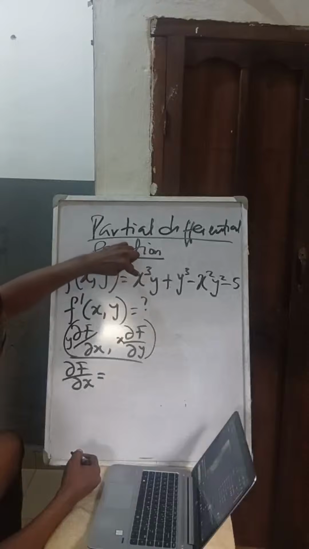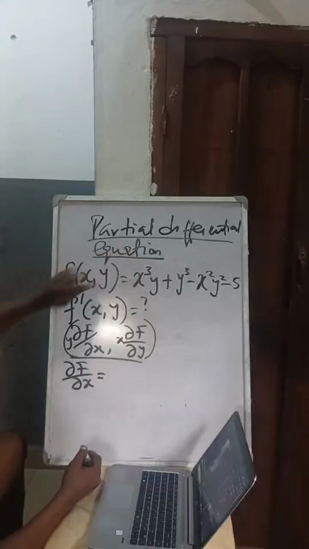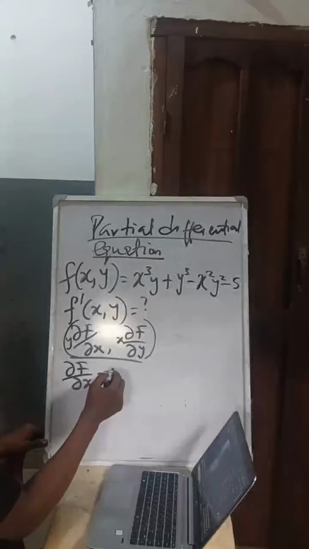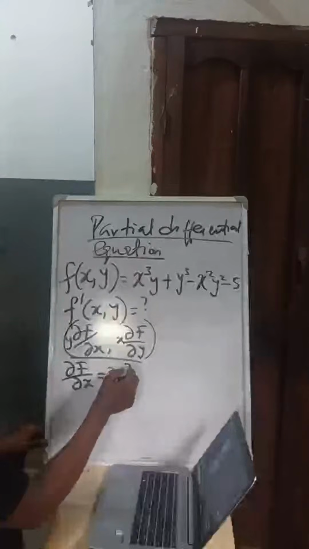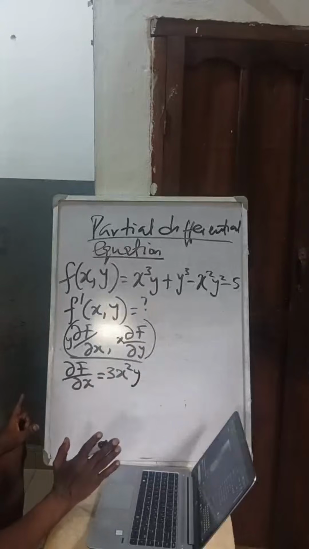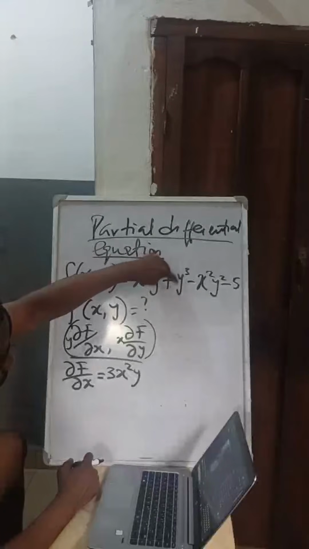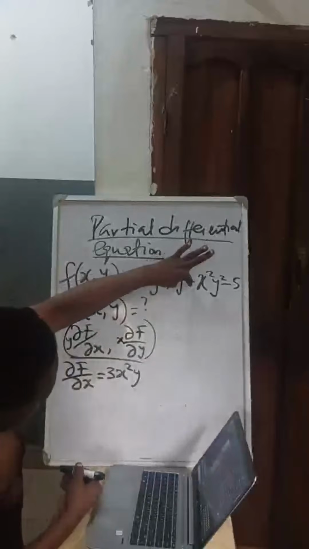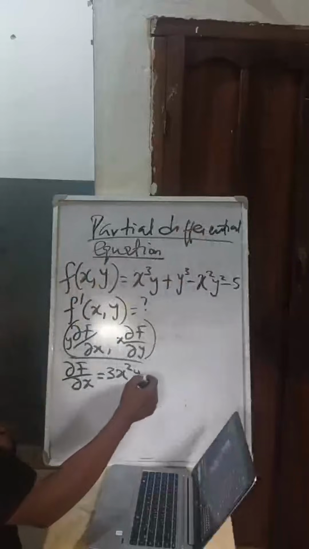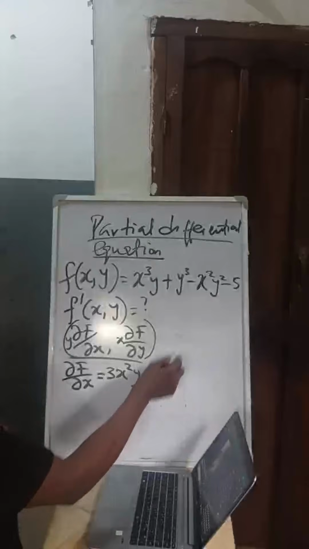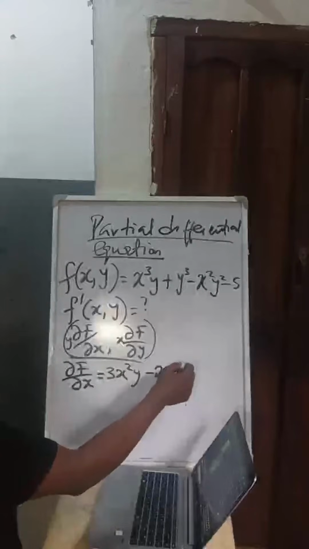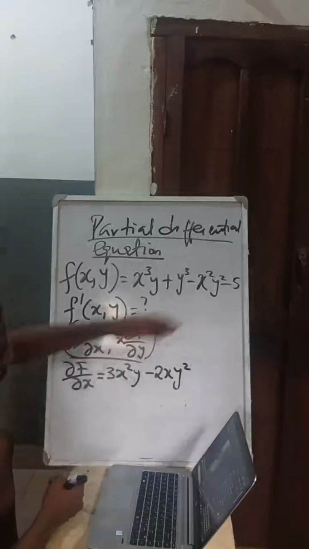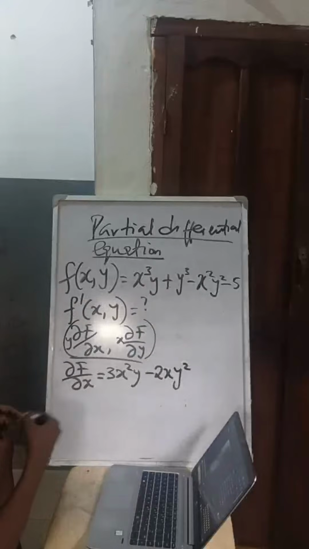Y is constant. So differentiating x cubed, you have 3x squared, then y is constant. Don't touch it. Differentiate y cubed. There is no x here, so 0 is gone. Differentiate minus x squared y, you have minus 2x, and y is there. Differentiate 5, you get 0. So you're done with this.